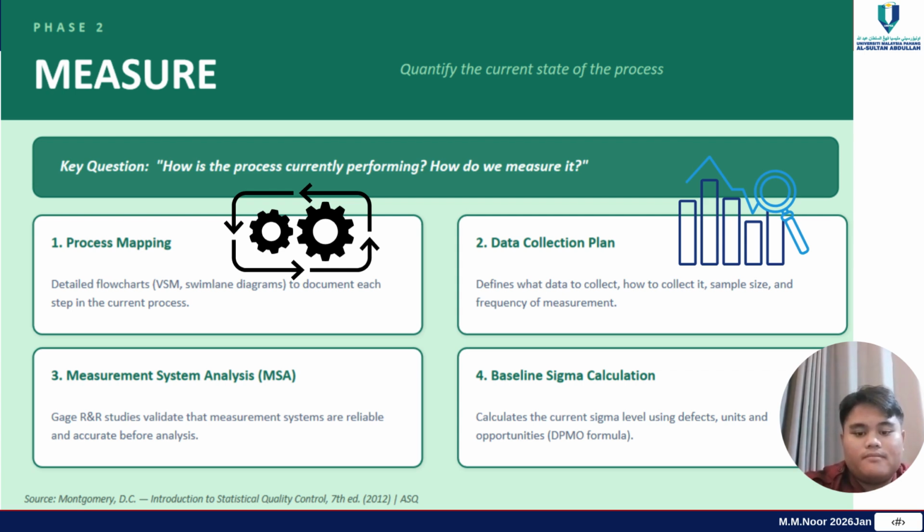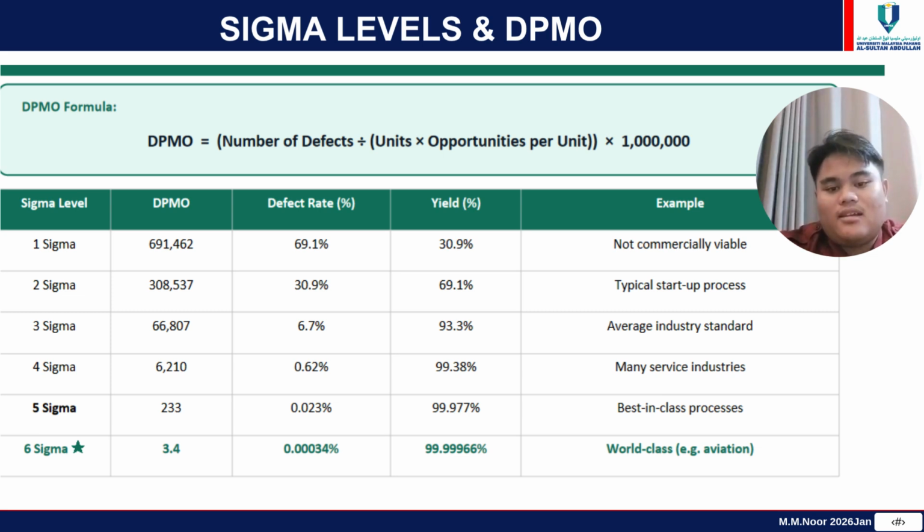formula. To understand those baseline calculations, look at the standard sigma level conversion table. The formula calculates DPMO by taking the number of defects, dividing it by units multiplied by opportunities per unit and multiplying the result by 1 million. As you can see, 1 sigma yields a dismal 30.9% efficiency, which is completely non-viable commercially. 3 sigma is an average industry standard with a 93.3% yield.